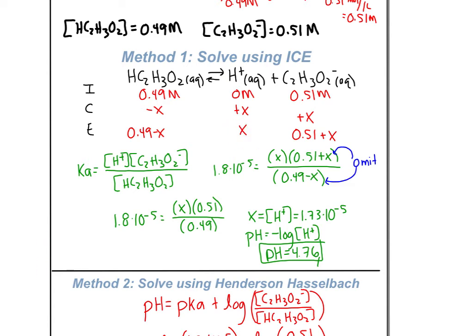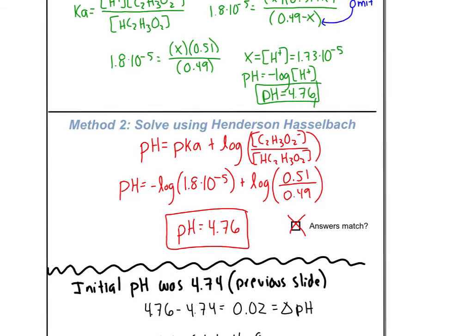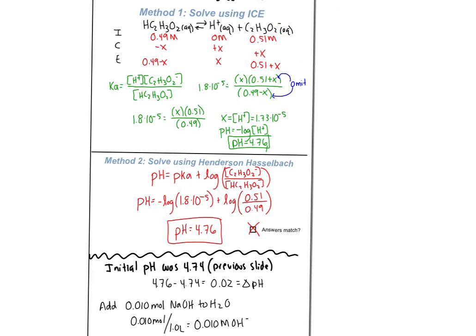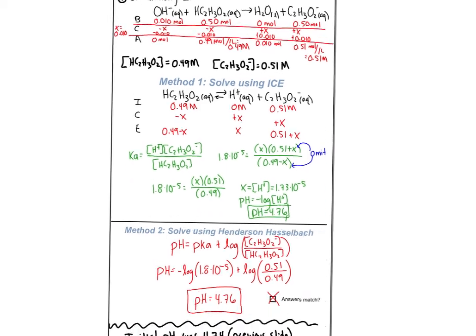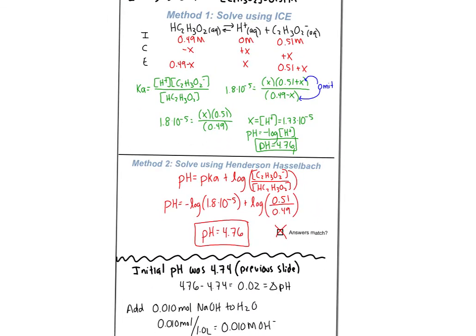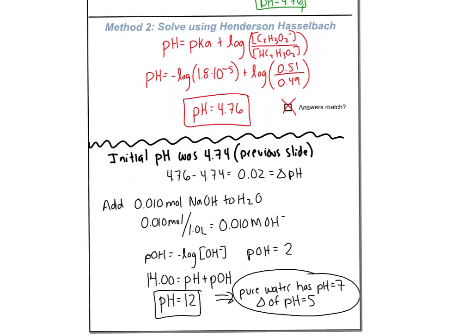The other choice is to use Henderson-Hasselbalch. pH is equal to pKa plus the log of the base over the acid. Here are the concentrations we just found from the stoichiometry, and so I can solve, and I got the same answer. So either choice is fine, but everyone has to do the stoichiometry step because we're adding something that will react with the buffer. It wanted to know the change.